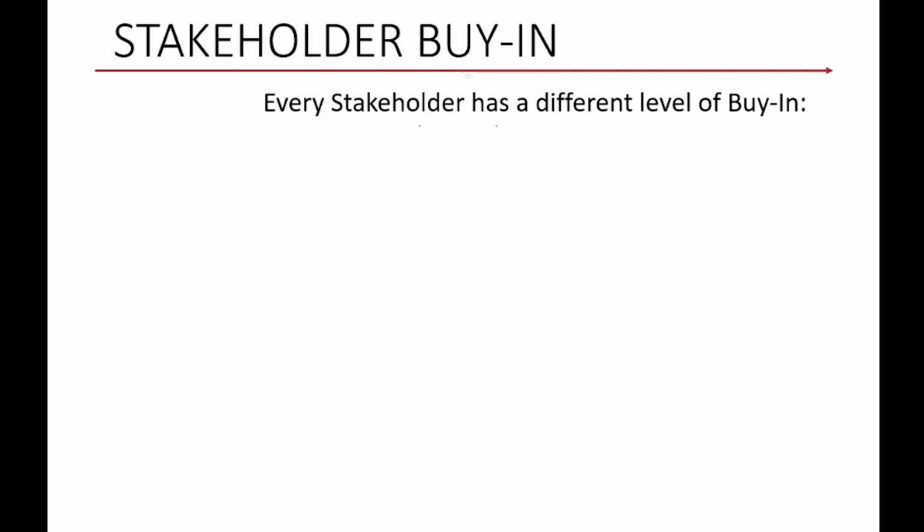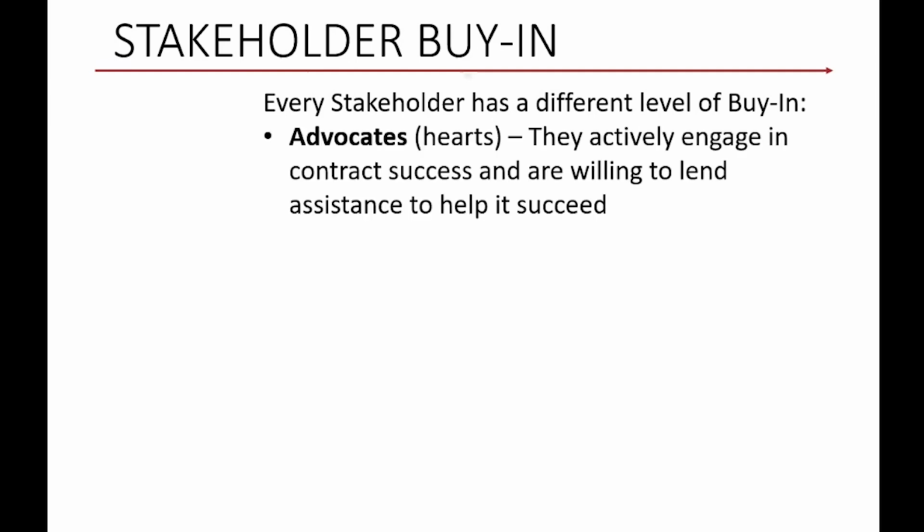The absence of stakeholder buy-in can easily turn a $1 million contract into a very expensive lesson about just how resistant to change people can be. So I'd like to define a couple of different types of stakeholders and their buy-in.